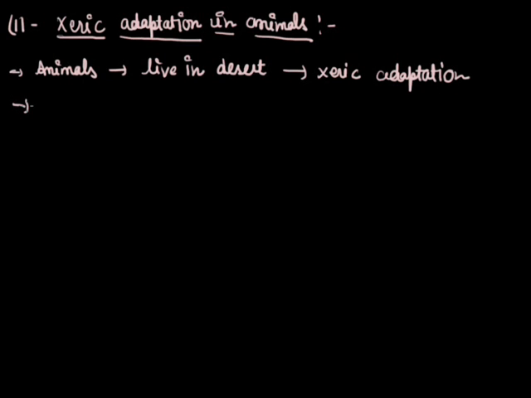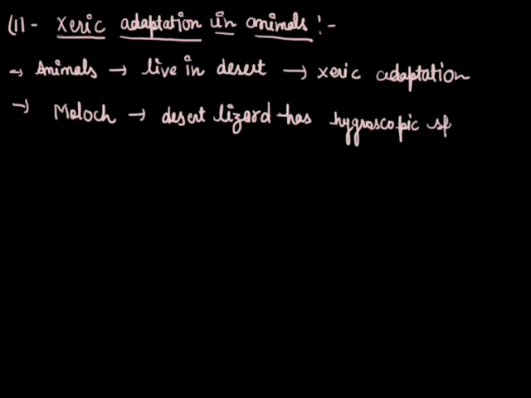Since these animals live in excessive heat, they develop a protective covering around the body to check desiccation or water loss by evaporation. Moloch, the desert lizard, has hygroscopic skin to absorb water.